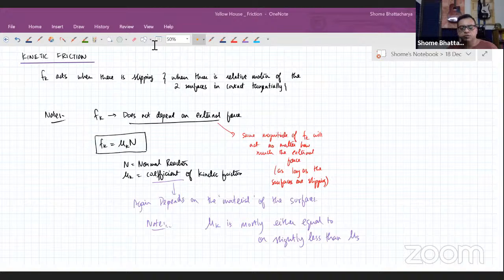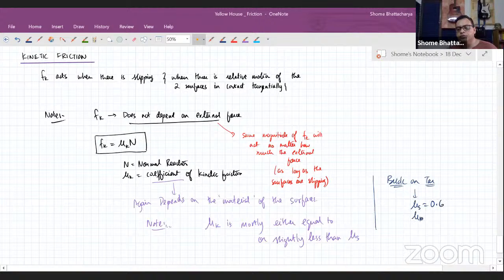Yeah, I'll explain the notes here. Typically what happens is, suppose we have a brick on a tar surface, and the coefficient of static friction is 0.6.